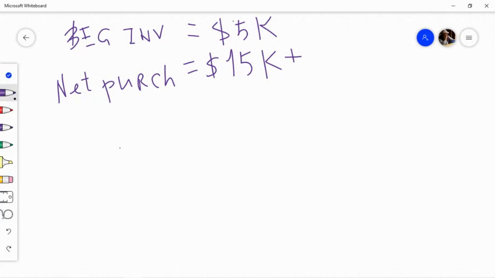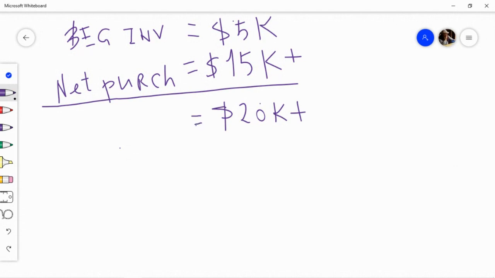Then altogether, you have like 20K plus. Everything is inventory, right? Beginning inventory and net purchase are all inventory.